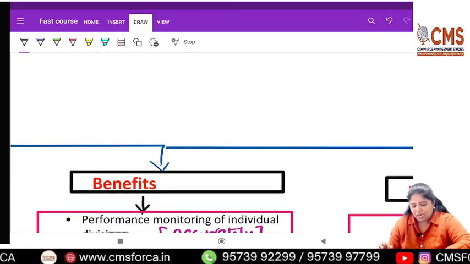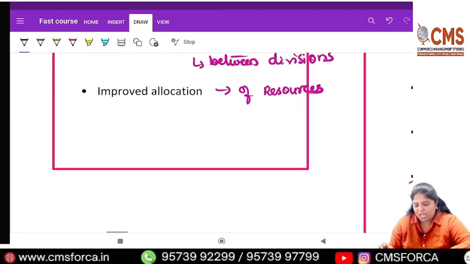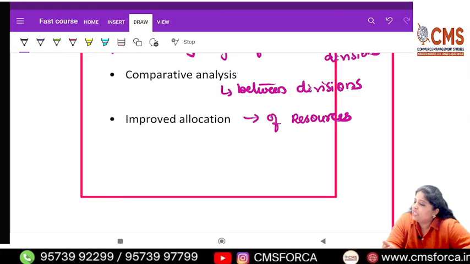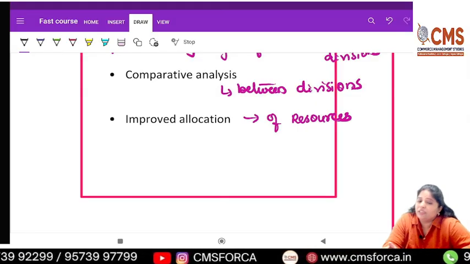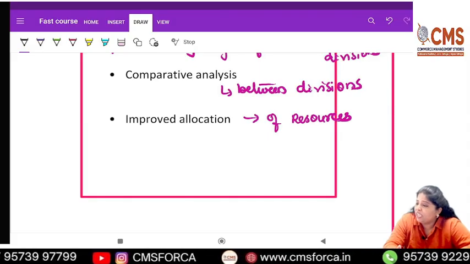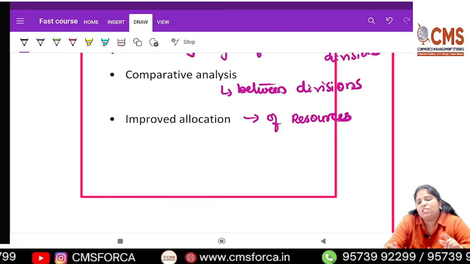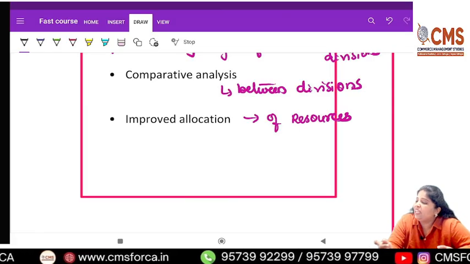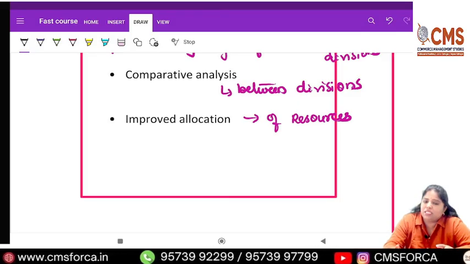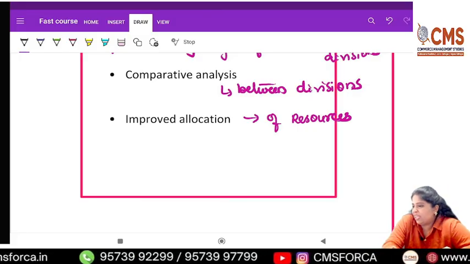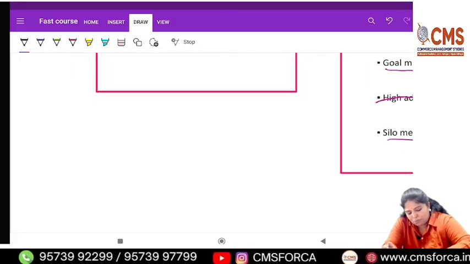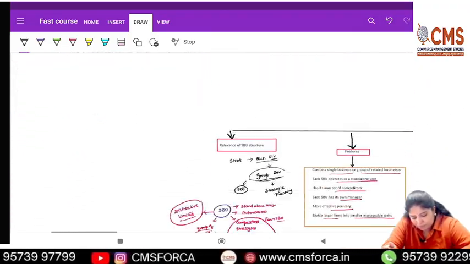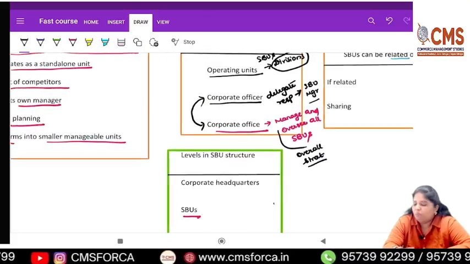Under corporate headquarters, they make overall strategies, give directions and oversee all SBUs. What is the job of the corporate officer under the corporate office? They delegate responsibilities, tasks and work to SBU managers. And under SBU, we have multiple divisions. Hope this part is clear.